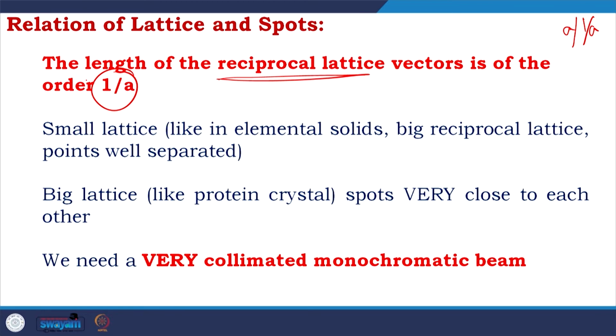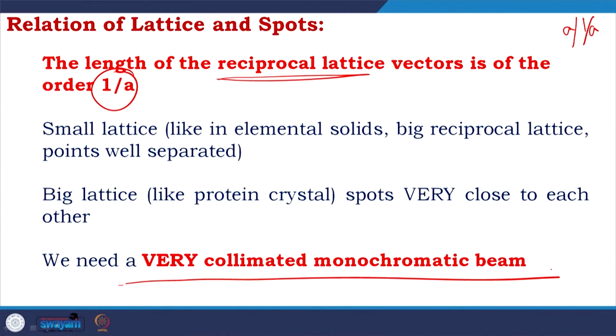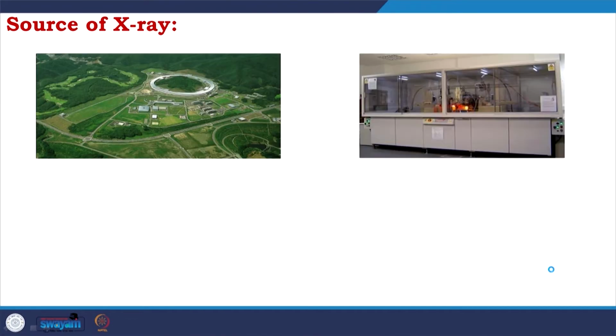And now, because the spots are closer, they should not be mixed up. So, the beam should be a very collimated monochromatic beam. You remember, I talked about the collimated monochromatic beams in the previous class.